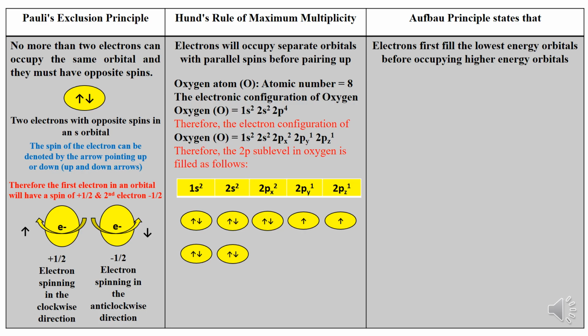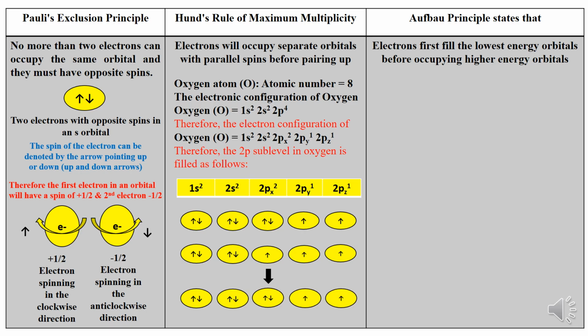The order of filling will be: first you add 1 electron each to the degenerate p orbitals, having a spin value of plus half denoted by an up arrow, and then you start pairing. This is the correct order of filling the orbitals with electrons. So Hund's rule says that electrons will occupy separate orbitals with parallel spins before pairing up.